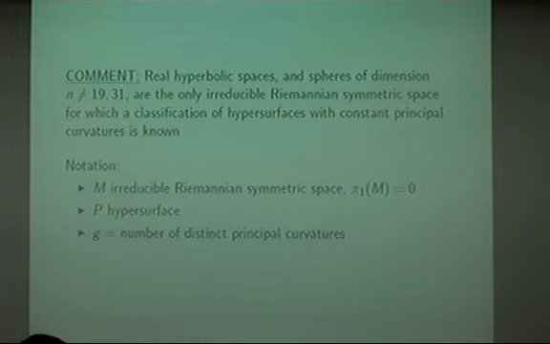For simplicity, I will always assume that our manifold is simply connected. In general one doesn't have to put this condition, but it's easier to do this here. We denote the hypersurface by P, and by G the number of distinct principal curvatures.